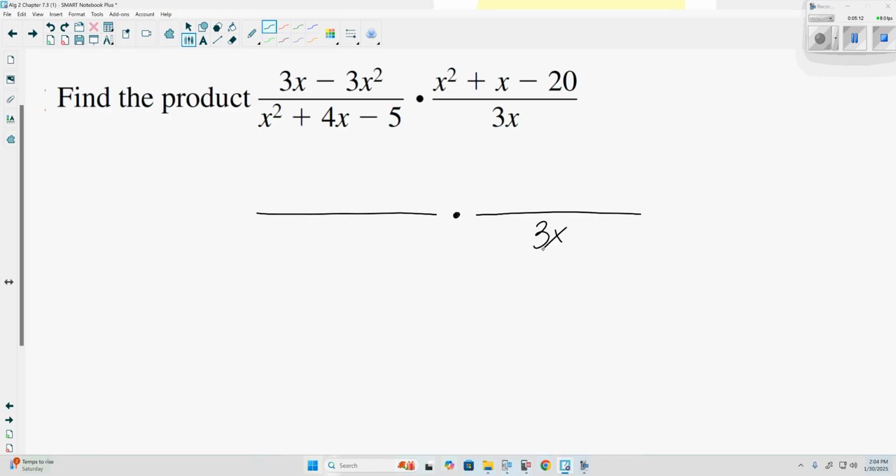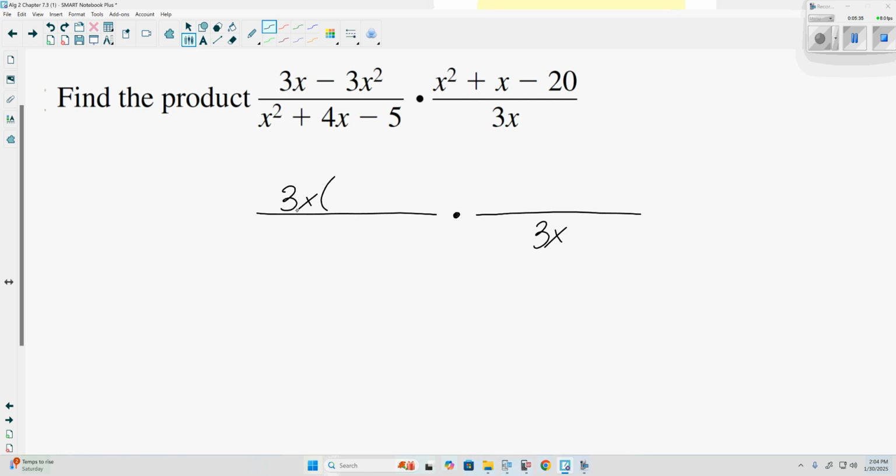Now the first one of these I would factor is going to be our 3x minus 3x squared, because is there a greatest common factor between 3x and 3x squared? 3 and x, because both have a common factor of 3, and x and x squared have a common factor of x. So we can remove the 3 and x from both terms.